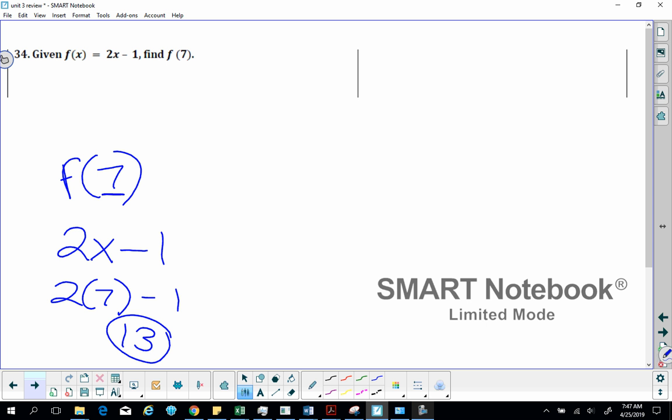You can put it into a table, and so when x is 7, you would get the same answer. What if it said it like this, f of x equals 7? Where would I plug 7 in this time? This is my equation.